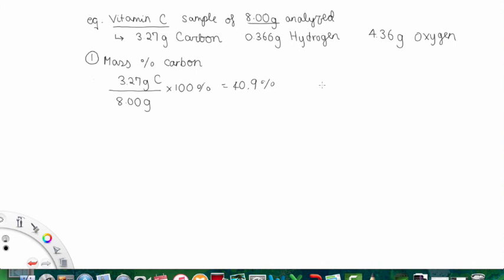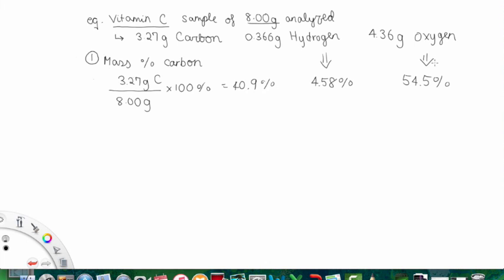If you do the same calculation for hydrogen and oxygen, you end up with 4.58% for hydrogen and 54.5% for oxygen. Wonderful.